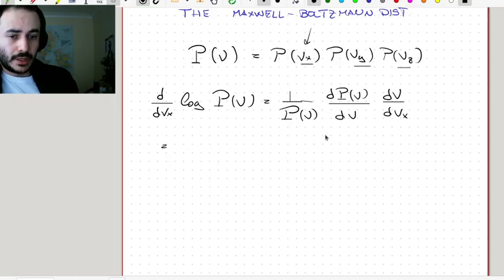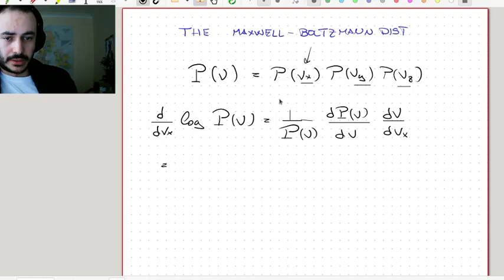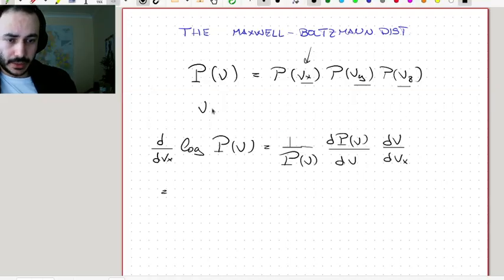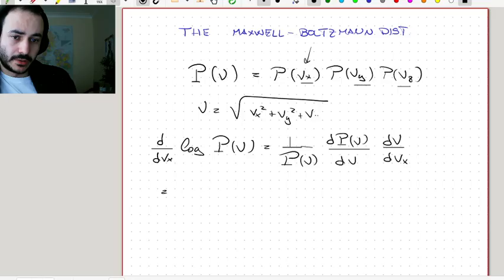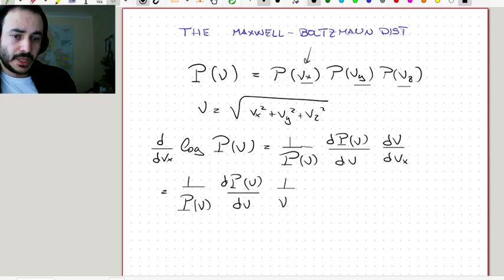And because v is, let's just write it here, v is the square root of vx squared plus vy squared plus vz squared, the derivative of v with respect to vx is 1 over v. So let's just write it, P(v), derivative with respect to v. And now this would be 1 over v times 2vx, which is the derivative of vx squared. Okay, so that would be it.